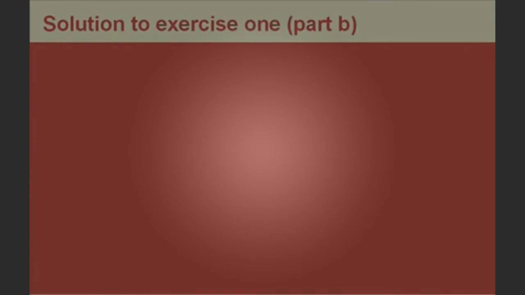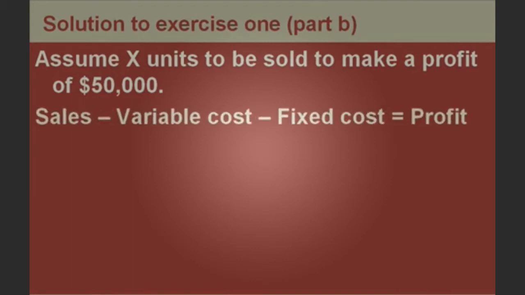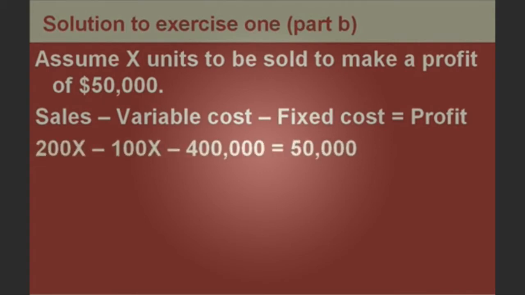Go back, use the same methodology. Assume you got to sell X units to make a profit of 50,000. Go back to basics as before. Sales less your variable cost less your fixed cost give you profit. So 200X minus 100X minus 400,000.